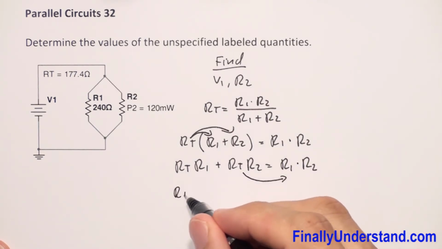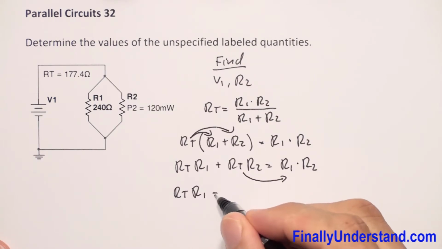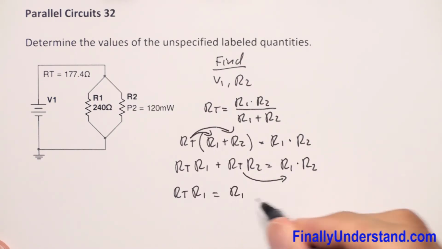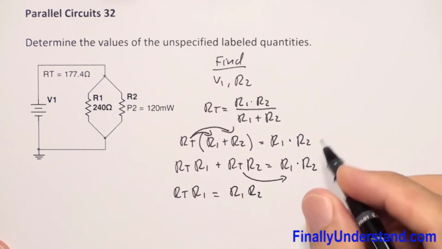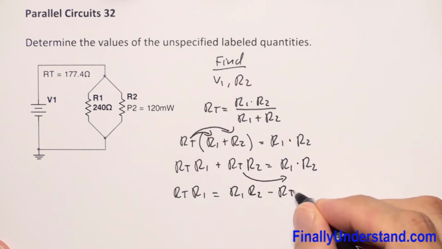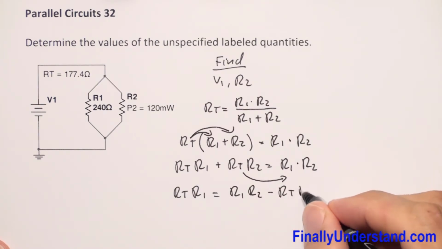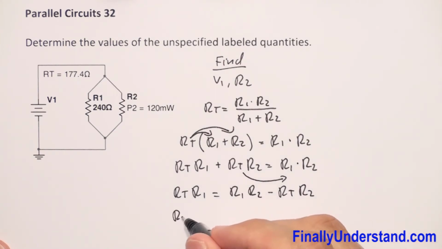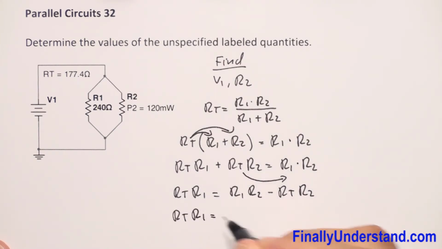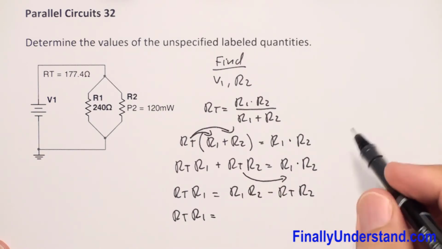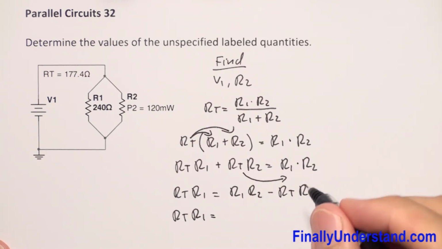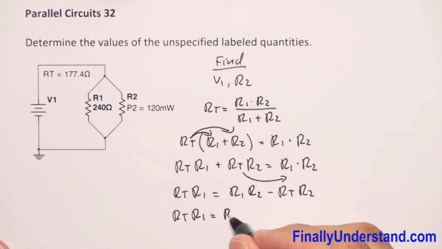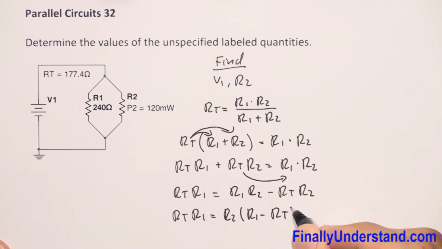So I have RT times R1 is equal R1 R2 minus RT times R2. Next, just copy down RT times R1 is equal, we're supposed to factorize R2. So I have R2 times (R1 minus RT).